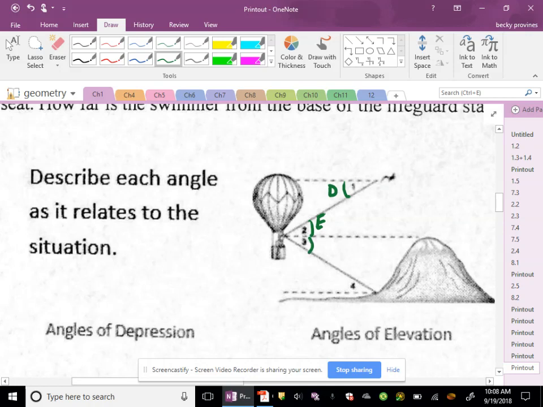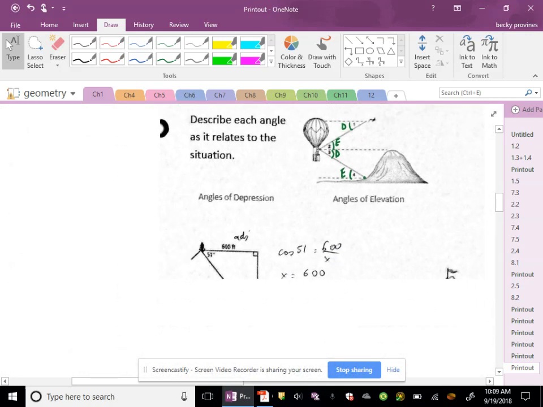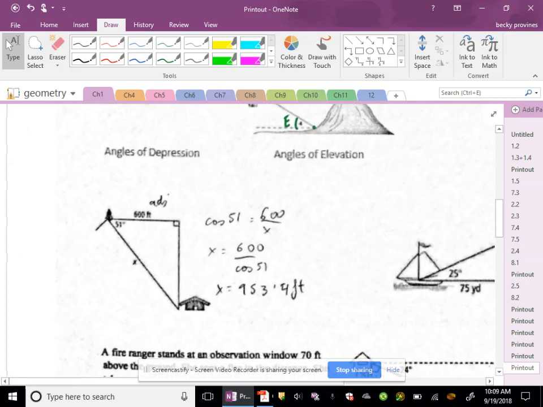If you're in the balloon looking down at the hill or whatever that is, if you're looking down, that is depression. And if you're on the land here looking up at the balloon, you're looking up. So this is elevation.